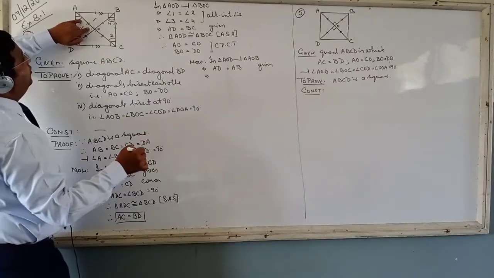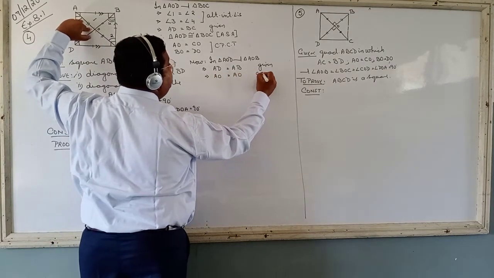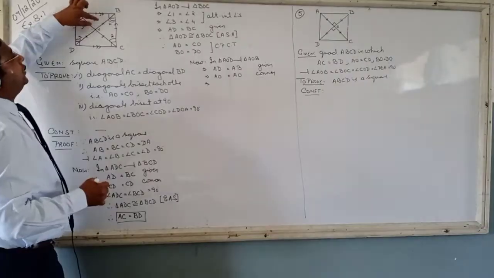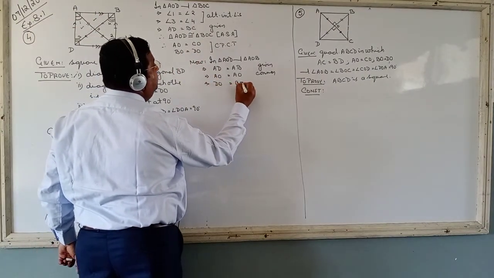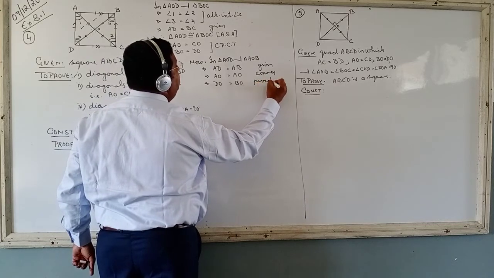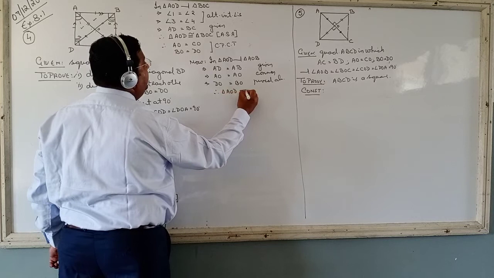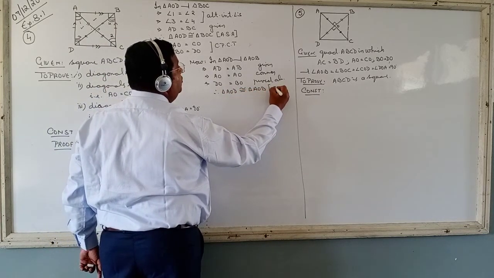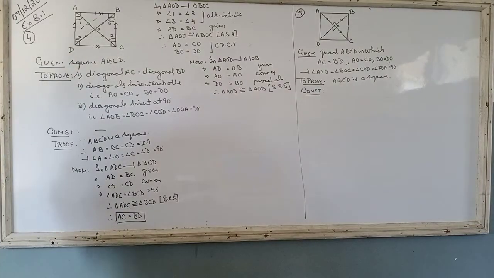Then, is this AO common? AO equals AO, that is common. And is the side DO equal to BO? Proved above. DO equals BO, proved above. So therefore, triangle AOD is congruent to triangle AOB by what congruency? SSS. All three sides are equal.